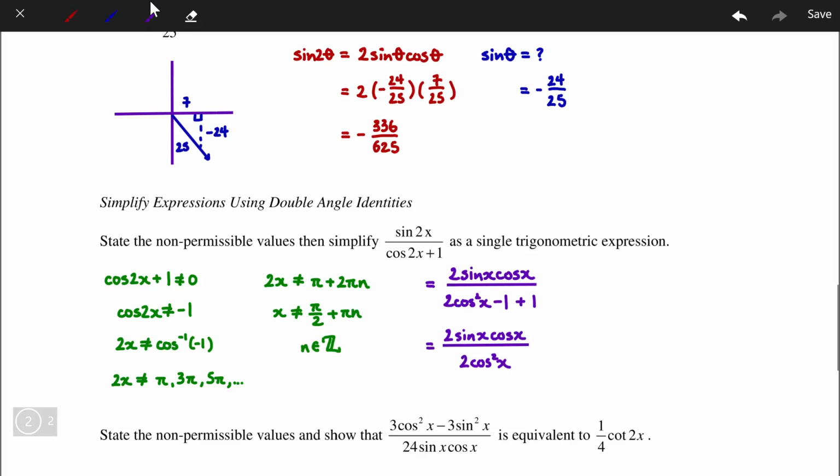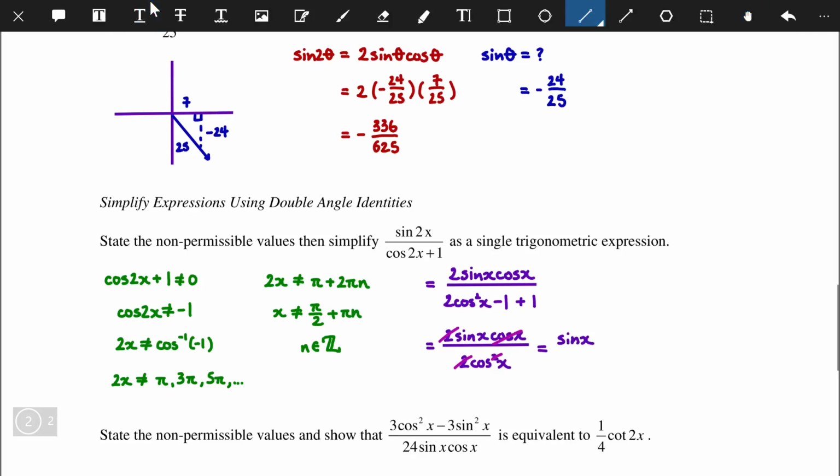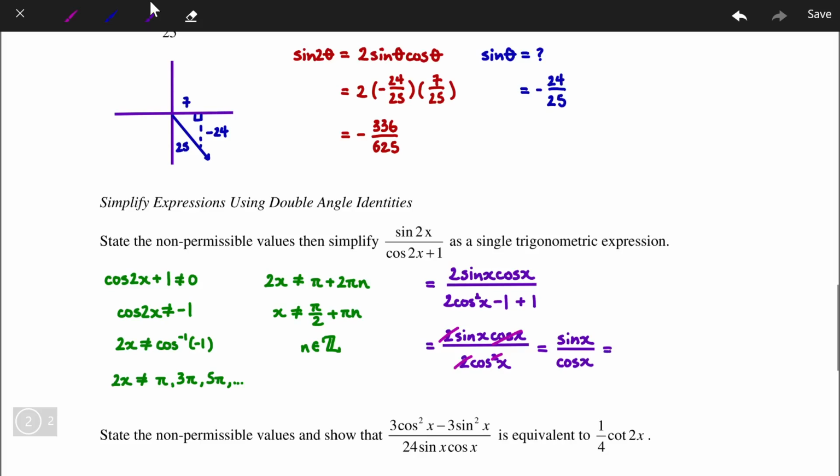And of course, we have some common factors, so they will be eliminated here. For example, the 2's will be gone, and also one factor of the cosine x will be gone. And so this whole thing simplifies to just sine x over cosine x, which we know is just tangent x. So this particular expression actually simplifies quite nicely to just being tangent x.